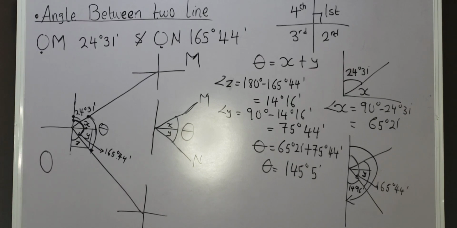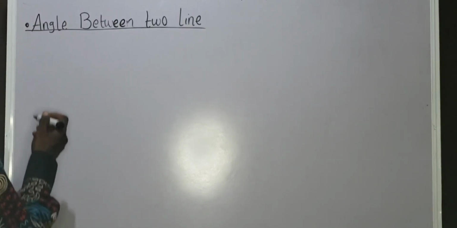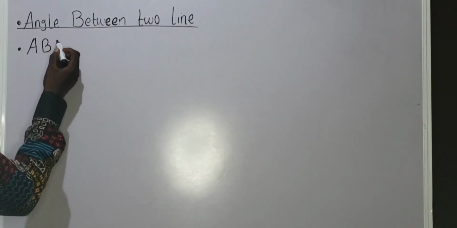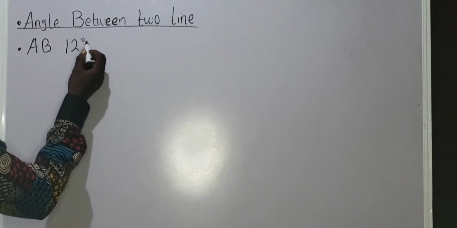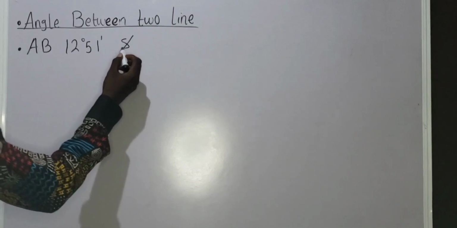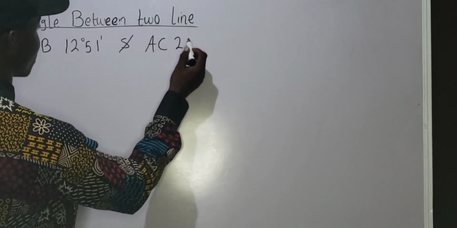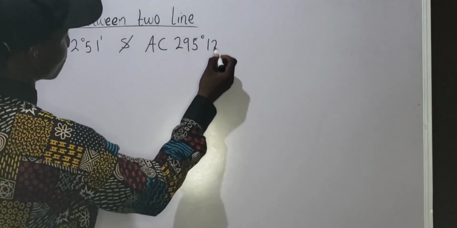Let's say we are told to find the angle between this line AB, which has a bearing of 12 degrees 51 minutes, and line AC, bearing 295 degrees 12 minutes.